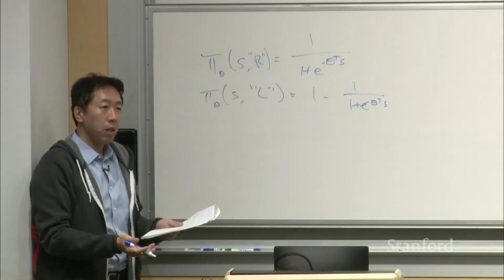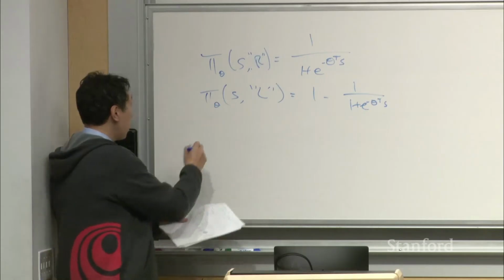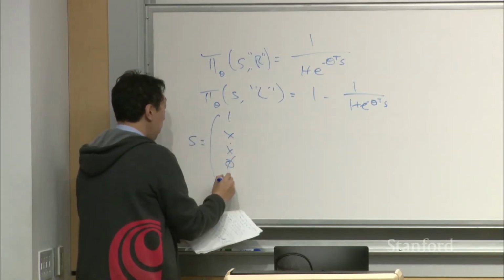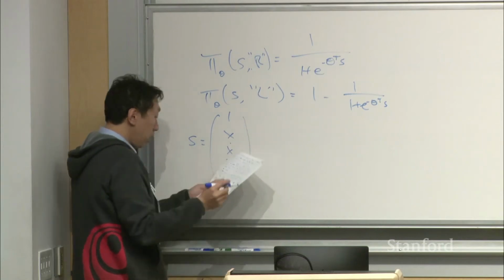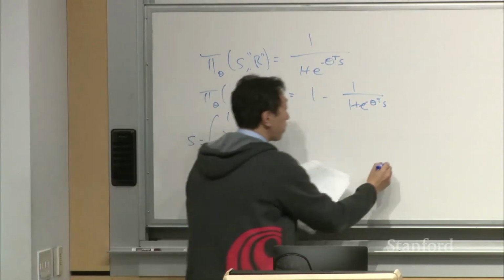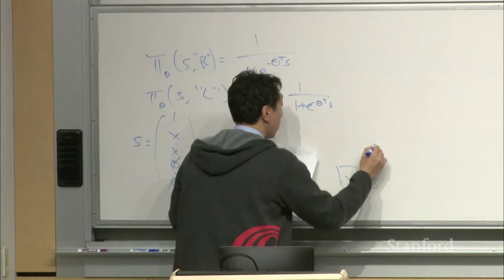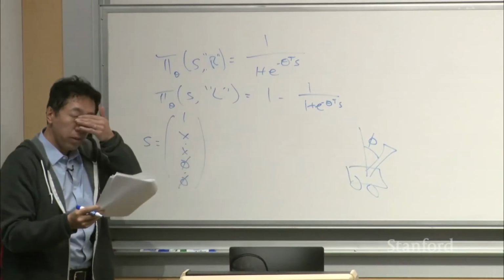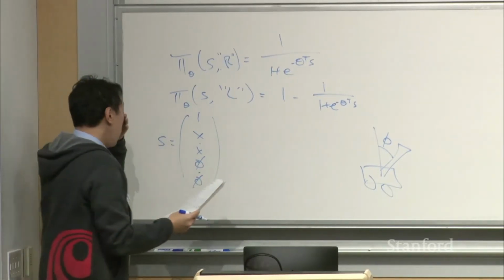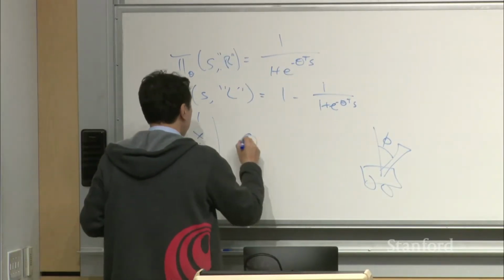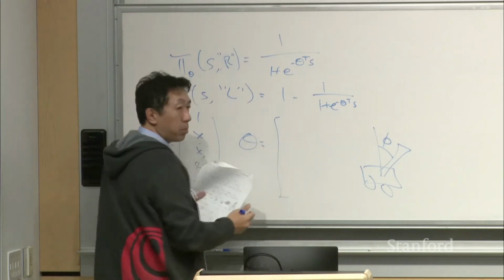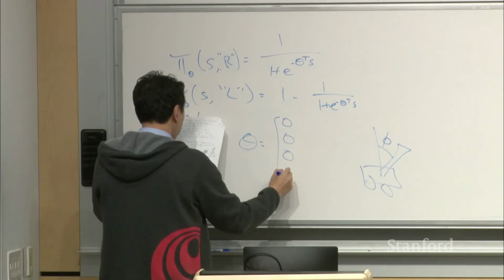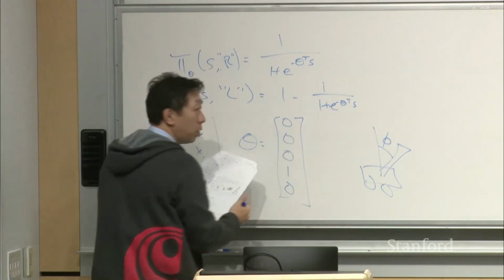And here's one example for why this might be a reasonable policy. So let's say the state vector S is 1, x, x dot, phi, phi dot, where the angle of the inverted pendulum is the angle phi. And let's say for the sake of argument that we set the parameter of this policy, theta, to be 0, 0, 0, 1, 0.